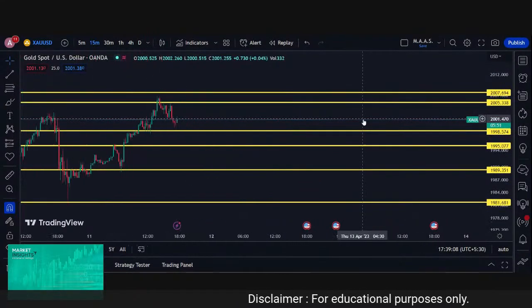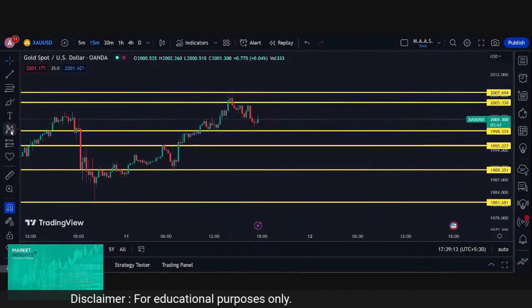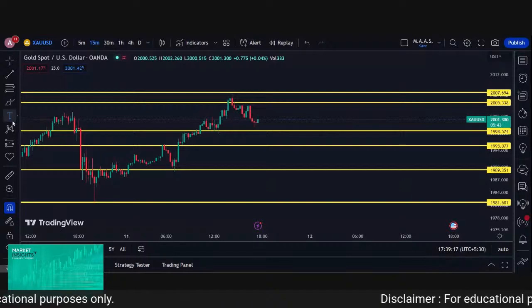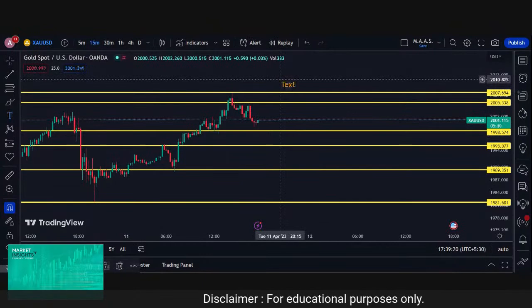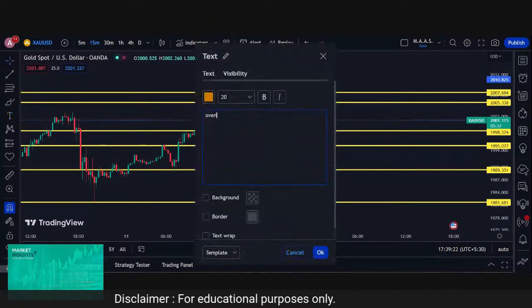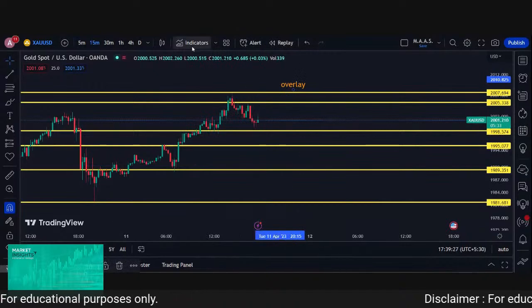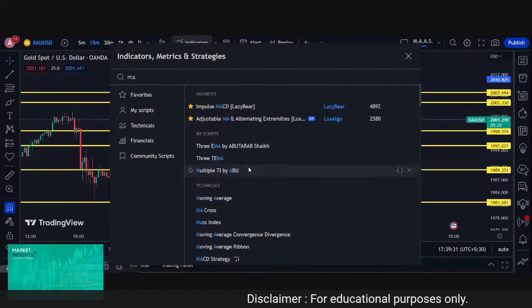So there are two types of indicators. The first one is an oscillator. Let me type it up here. There is an overlay. An overlay is laid over the price chart, like a moving average.